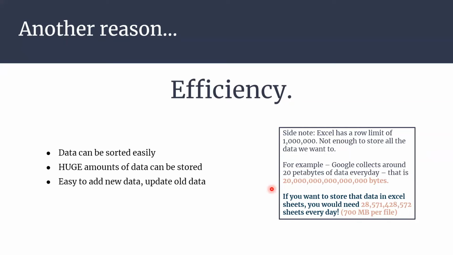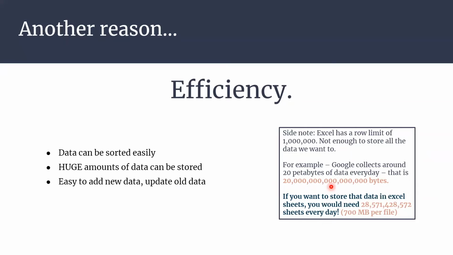So that's 20 followed by 15 zeros. That's how many bytes. If you are a data scientist at Google and you want to store the data on all the searches that have been performed in a single day, you would need 28 million sheets to store the searches that have been done on Google for just a single day.